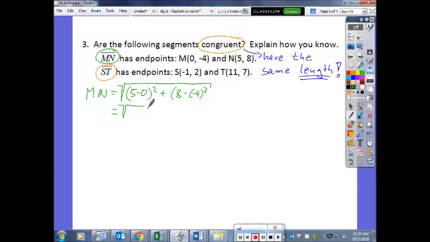In other words, the square root of 5 squared plus 12 squared, which is the square root of 25 plus 144, the square root of 169. That means MN is equal to 13.